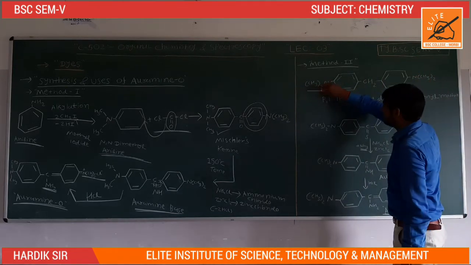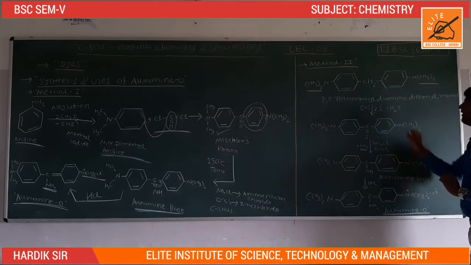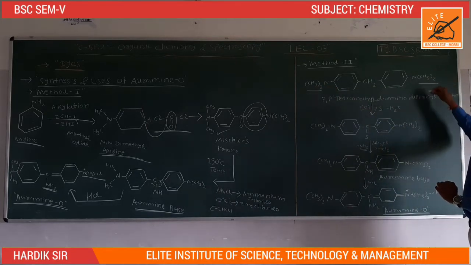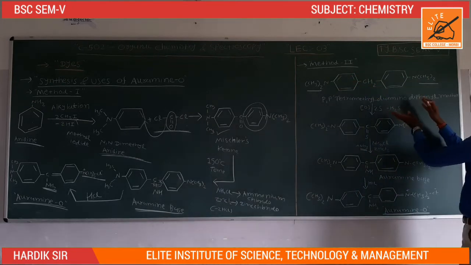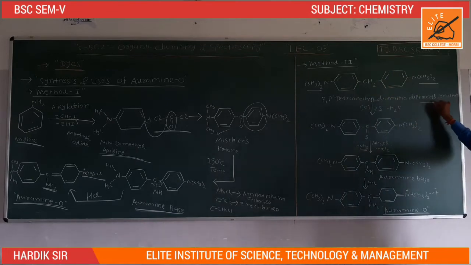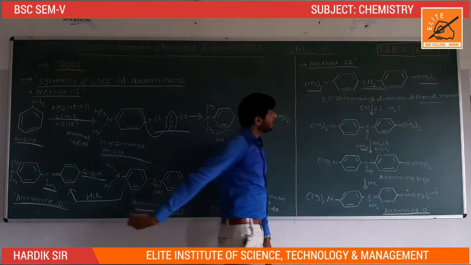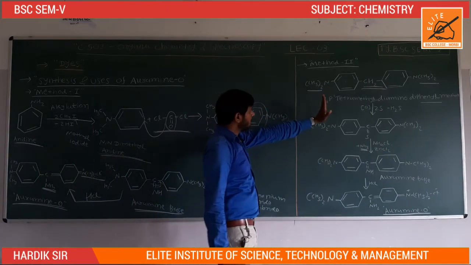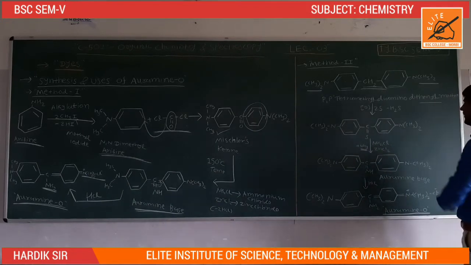Tetramethyl: 2 methyl here, 2 methyl here. Diamino: the nitrogen groups, the amino groups. Diphenyl: 2 phenyl rings. And also methane. So this structure is called para,para'-tetramethyldiaminodiphenylmethane.